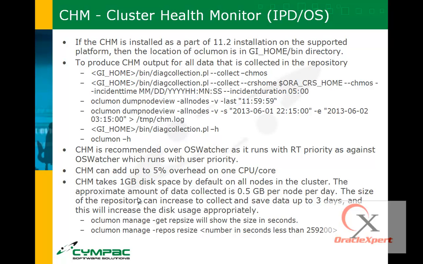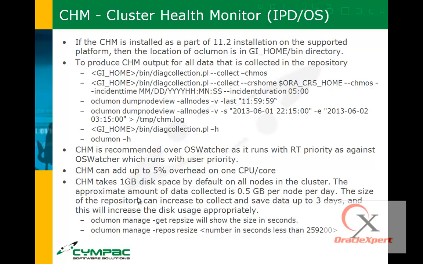Who would read it? Every second. Who would read that data? No one. Well, if you want to produce a crisp report between a specific timeline, then you can pass add-on options: diagcollection.pl --collect --crshome, whatever, --chmos, --incidenttime, followed by --incidentduration.